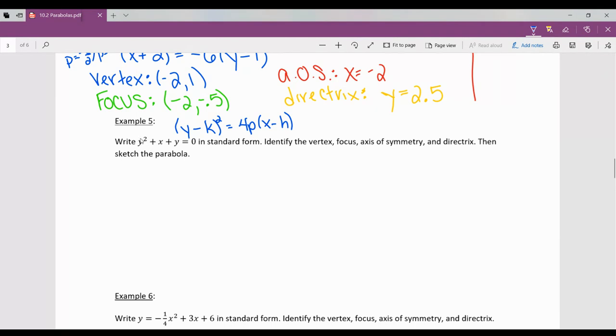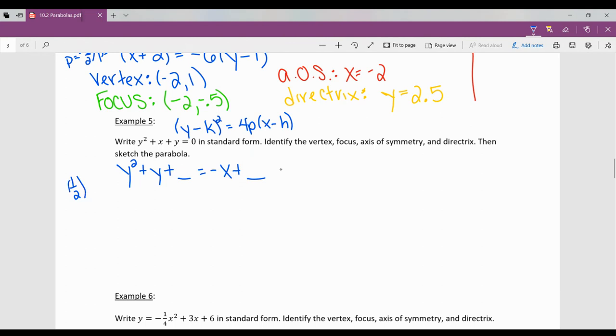So what I'm going to do is collect all the y's on one side. The x's and the constant go to the other side. There's no constant, so I don't have to worry about it. So it's going to be y squared plus y plus blank equals negative x plus blank to complete the square. So we take that middle number, we divide it by 2, 1/2.